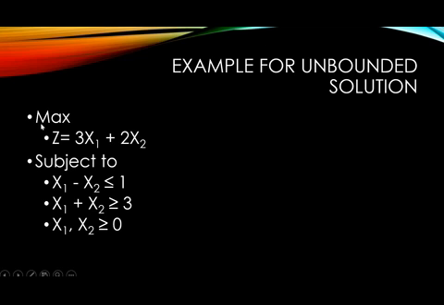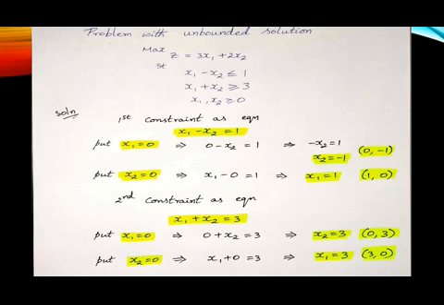So one example that I consider: max z is equal to 3x1 plus 2x2 subject to the constraints x1 minus x2 less than or equal to 1, x1 plus x2 greater than or equal to 3, and the non-negativity constraint x1, x2 greater than or equal to 0. When I try to solve this problem, as usual, first take the constraint as an equation, x1 minus x2 equals 1.